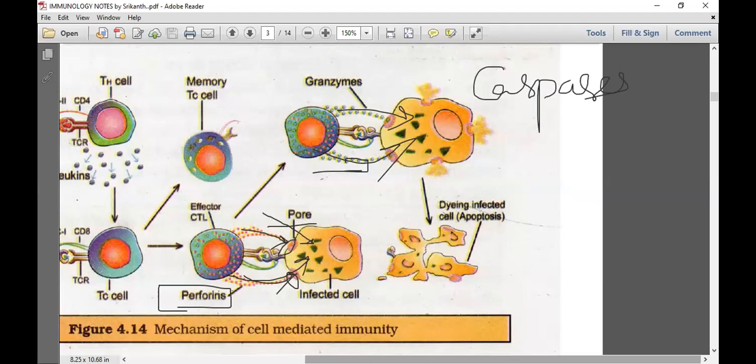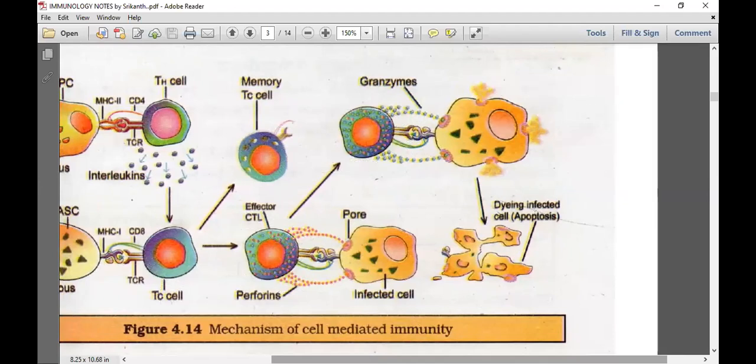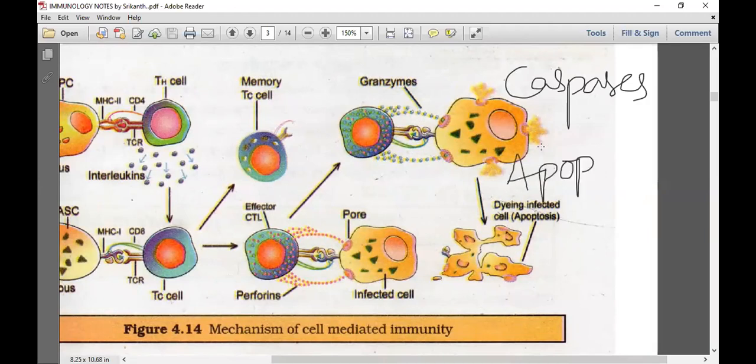A special kind of protein called caspases. These caspases promote the cell to suicide itself. That is apoptosis, programmed cell death. So see the series of sequences.